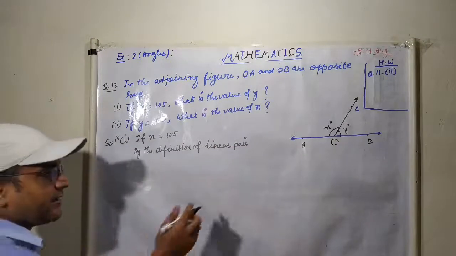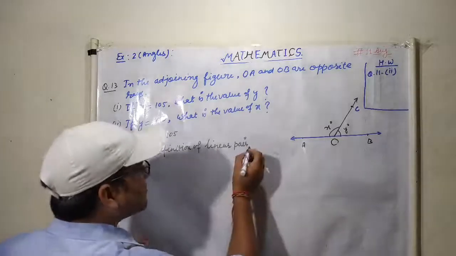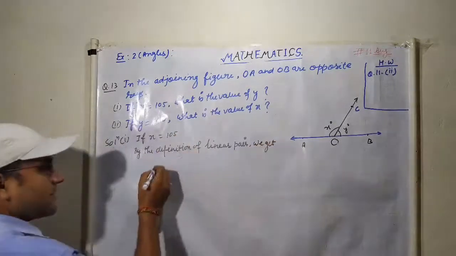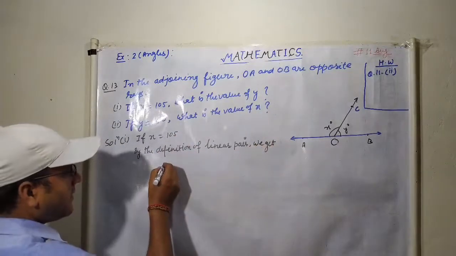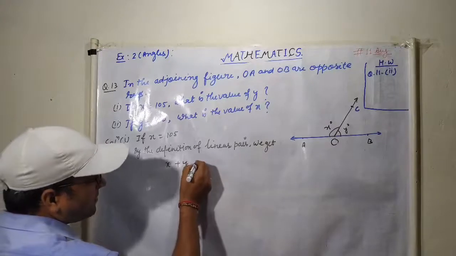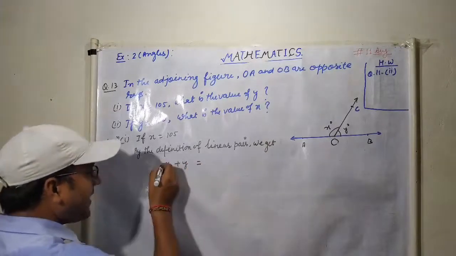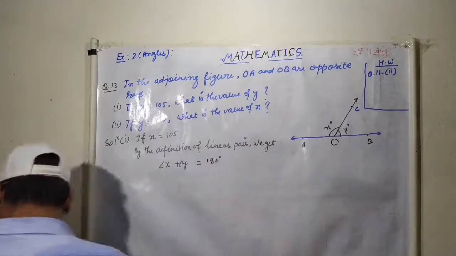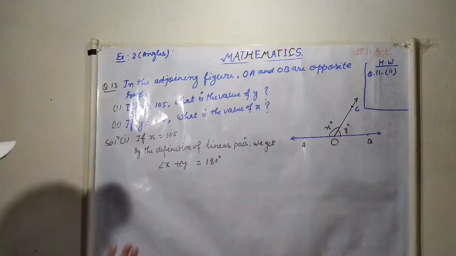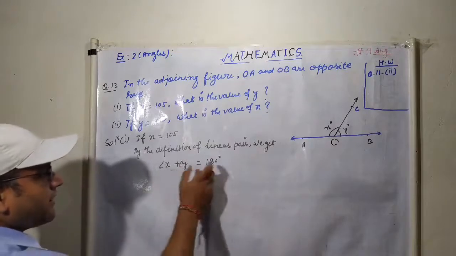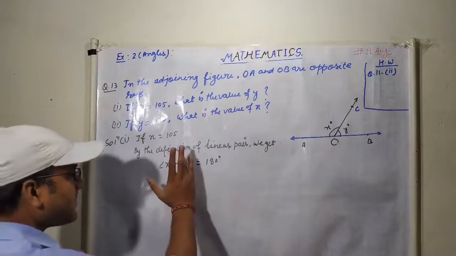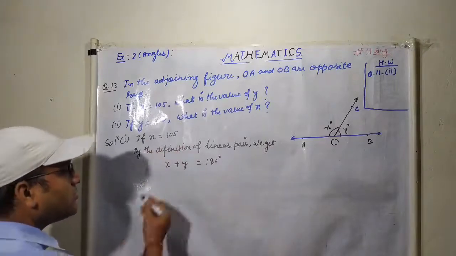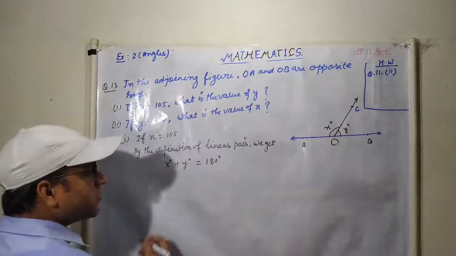By the definition of a linear pair, we get angle x plus angle y is equal to 180 degrees. No need to write the word angle. x degrees plus y degrees is equal to 180.